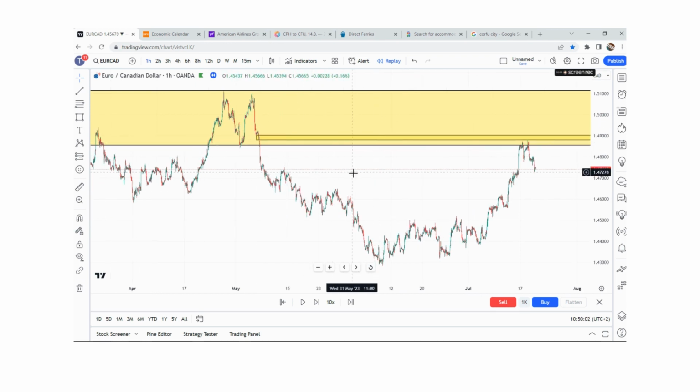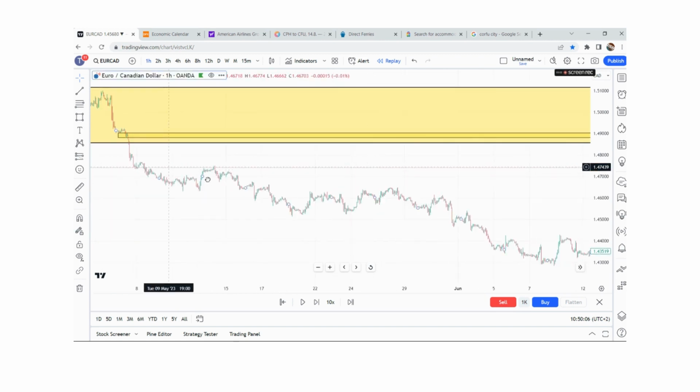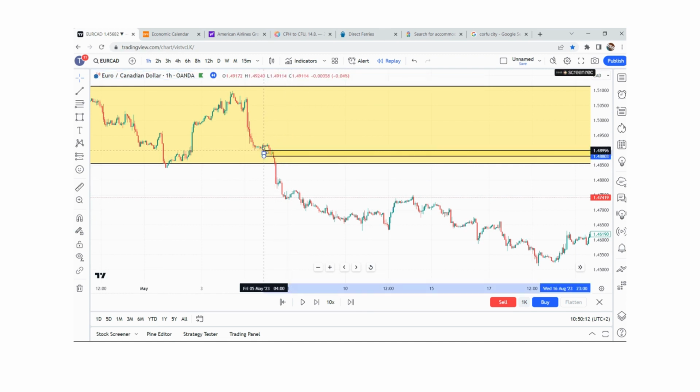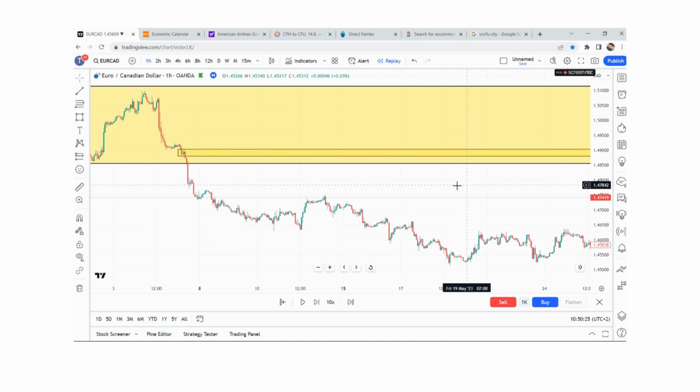What I did, I found a very strong supply level on the 1 hour chart. As you can see here, we have a supply zone on the 1 hour chart, and it dropped very strong from the supply zone. So it looks very good with the nice structure. And as you can see, the 1 hour is inside the weekly supply zone.